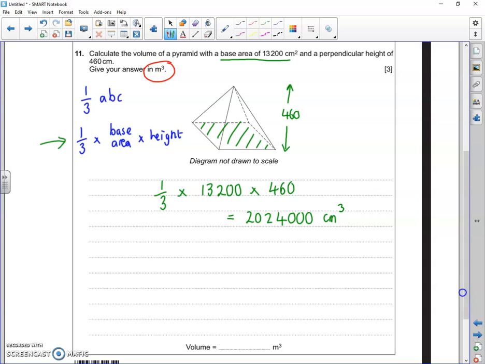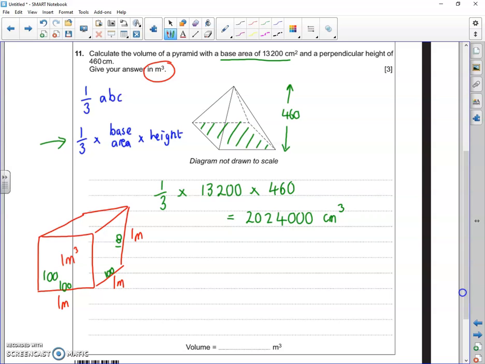Not the easiest conversion. If you imagine a 1 metre cube, so 1 metre wide, 1 metre there, and 1 metre there. So 1 times 1 times 1, so that is definitely in metres, 1 metre cubed. But in centimetres, which is what we're working out in, this would be 100, this would be 100, and this would be 100, and 100 times 100 times 100 is 1,000,000.